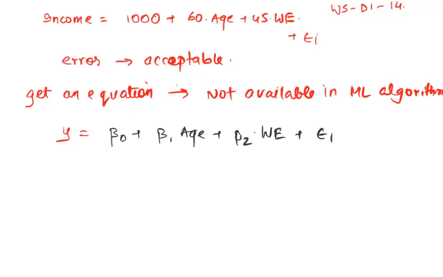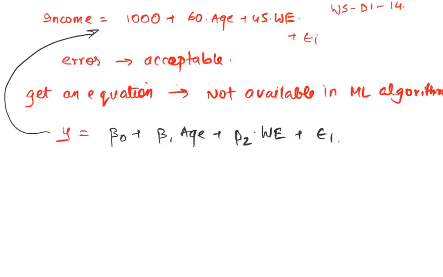I would have first hypothesized that this, I believe, is the functional form. And now I'm going to allow the model to iteratively check whether this is a good fit for my data or not, and give me the model that has the least sum of squares of error. That model which came to me was this model. 1000 was my beta naught, beta 1 was 60, beta 2 was 45. Now this is the model that we got out of it.